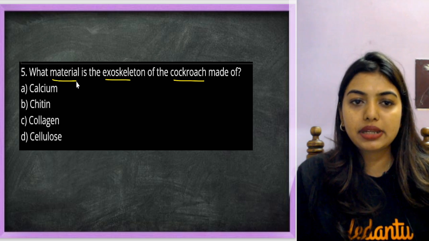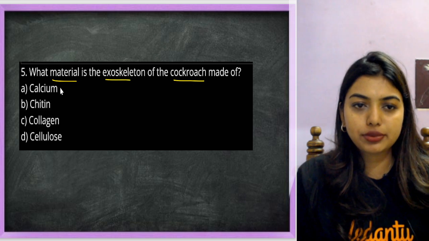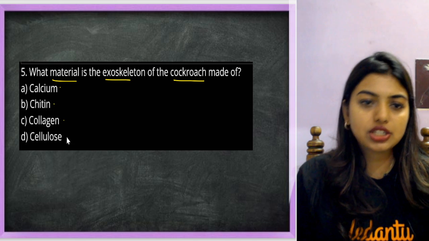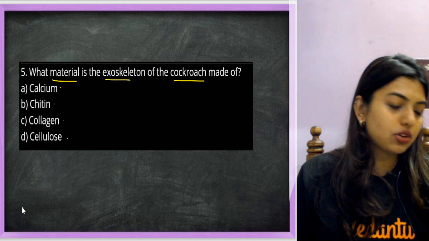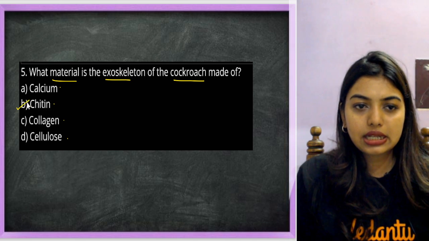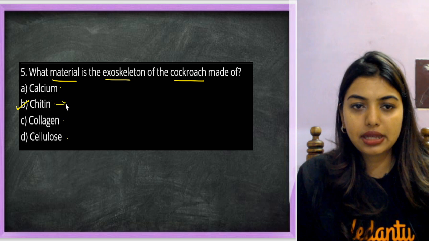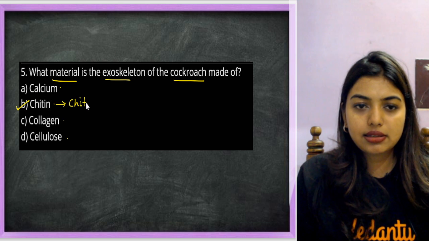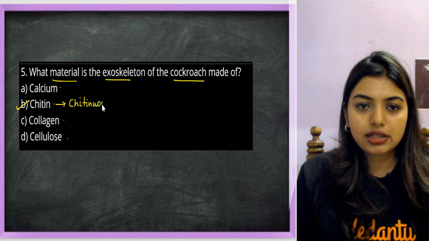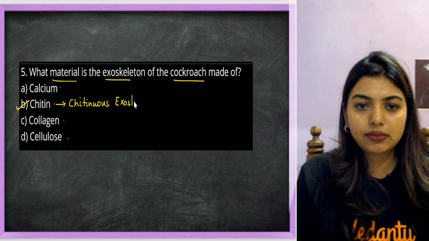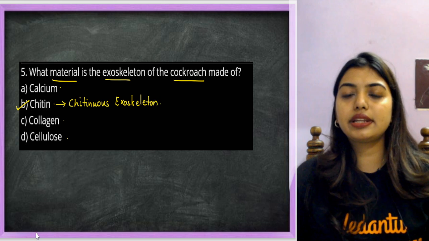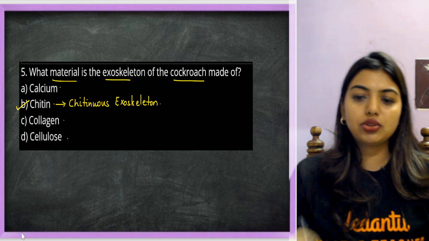Calcium, chitin, collagen, cellulose. It is chitin, that makes the chitinous exoskeleton.